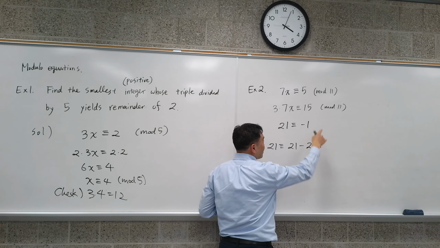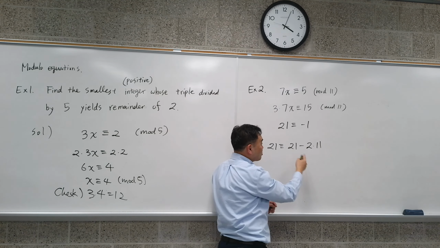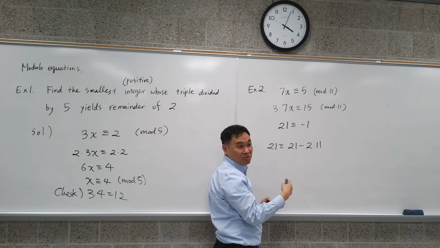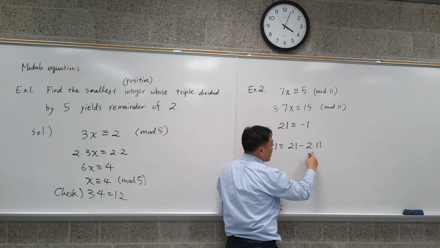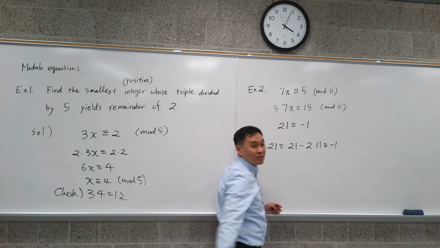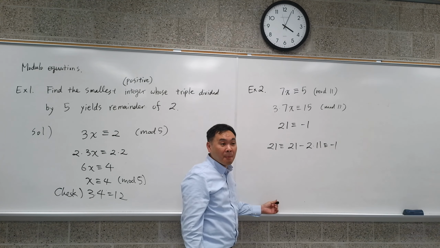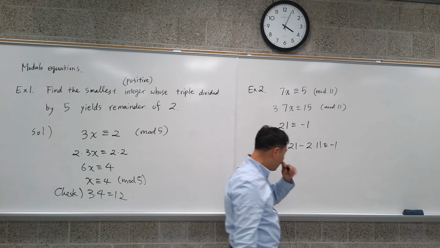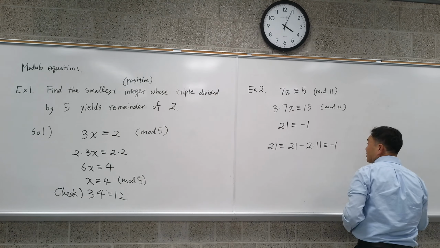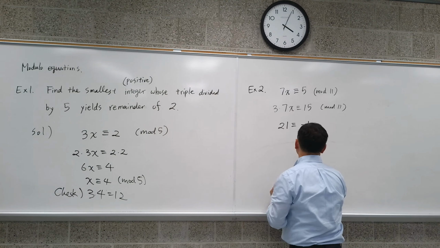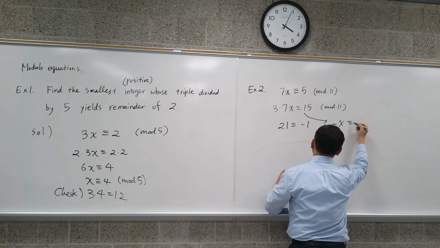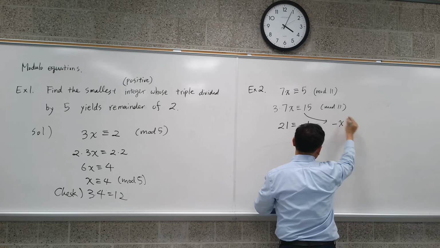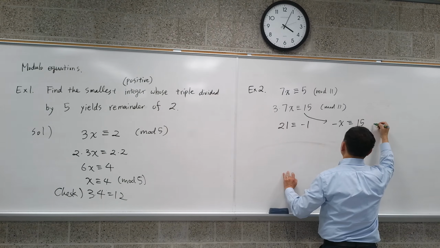In this world, 11 is the same as 0, so subtracting 2 times 11 is the same as subtracting nothing. But if you actually do it, 21 minus 22 is congruent to -1. So these two are the same, which means this can now be written as -x congruent to, well, 15. Let's write down 15.